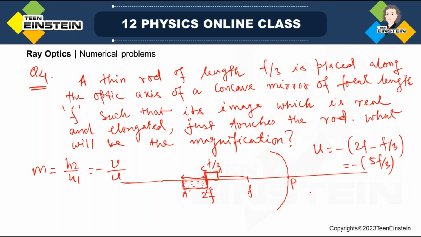What is the image distance? We know the focal length is given as f. So we can find out now 1 by v is equal to 1 over f minus 1 over u. In the case of a concave mirror, both are negative. So this f I'll take as negative.